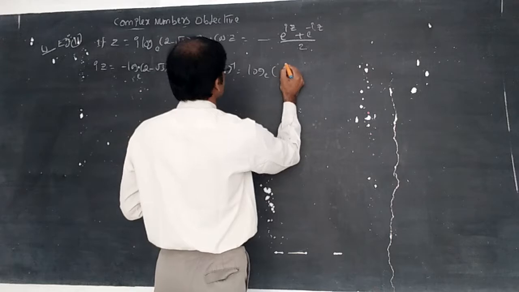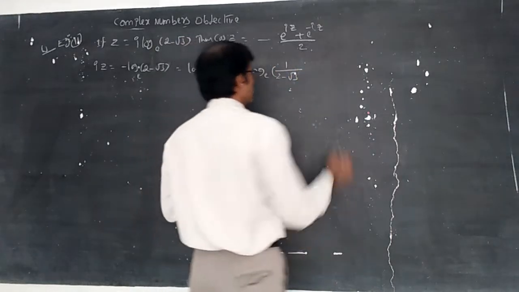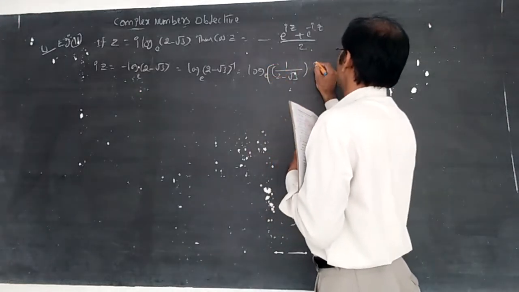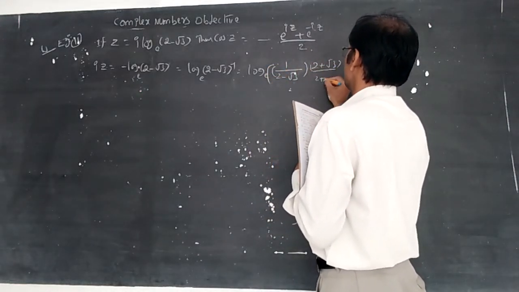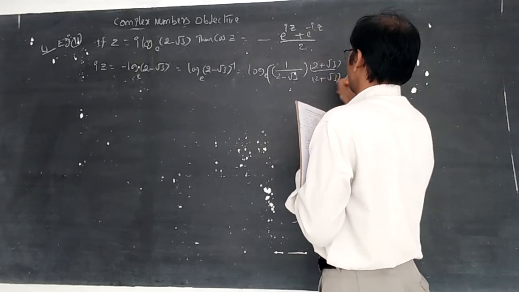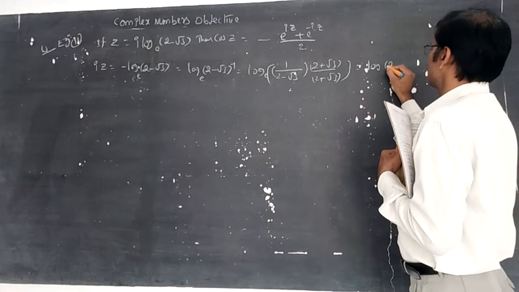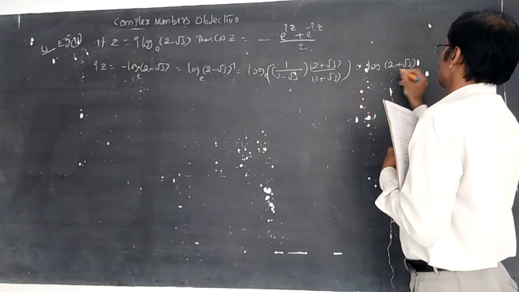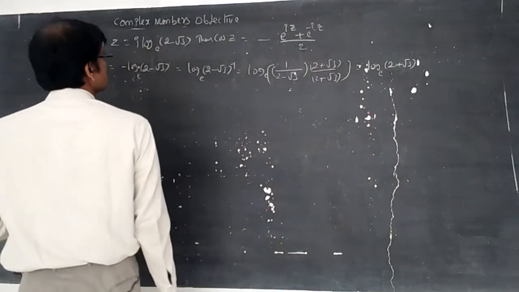Try to understand, it becomes 2 plus root 3, because this can be written as 1 by 2 minus root 3, and rationalize with 2 plus root 3. It becomes 2 plus root 3 by 4 minus 3, that is equal to logarithm of 2 plus root 3 to the base e. Keep it aside.